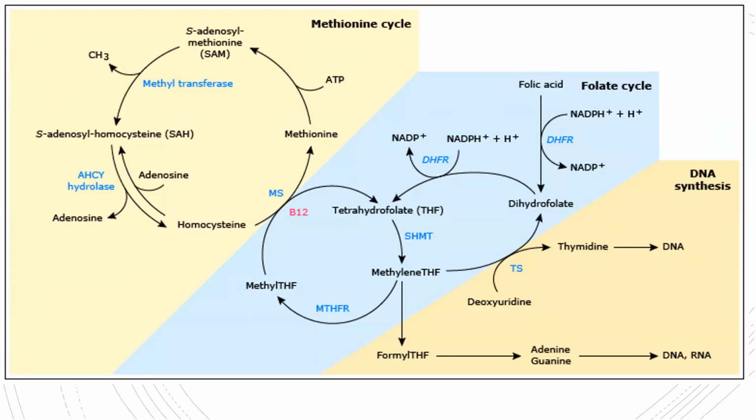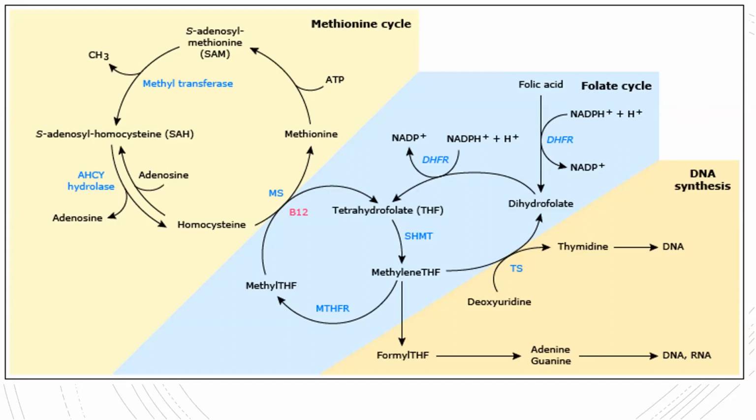You can see that B12 is in between the methionine cycle and the folate cycle, between the yellow and the blue. The key intersection of vitamin B12 and folate occurs at the methionine synthase reaction at the left edge, in between the yellow and the blue.